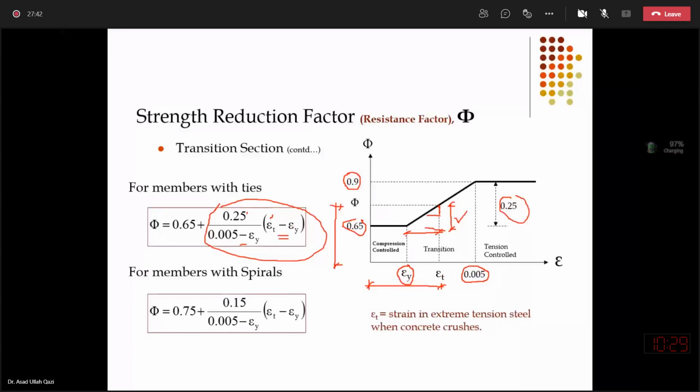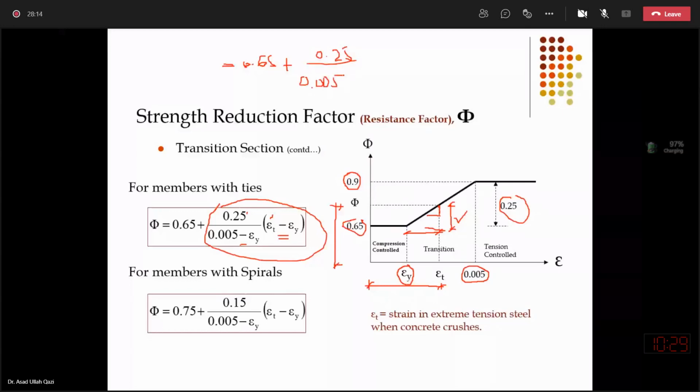I can get phi. So just for practice, if I use the same equation, I will say 0.65 plus 0.25 over 0.005 minus epsilon y.